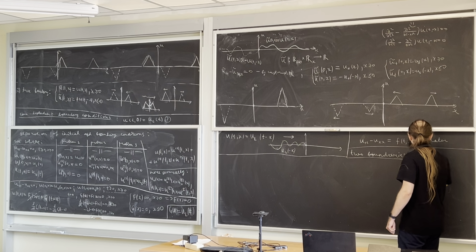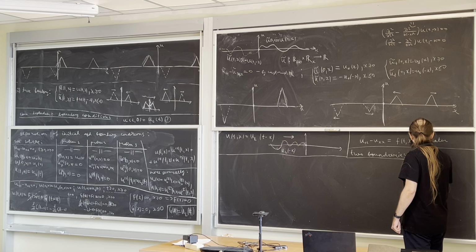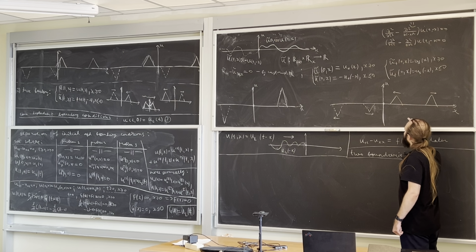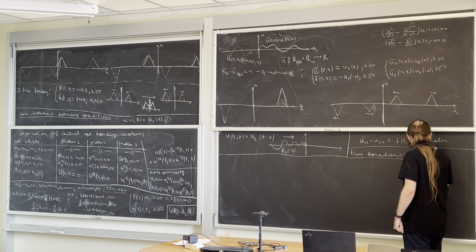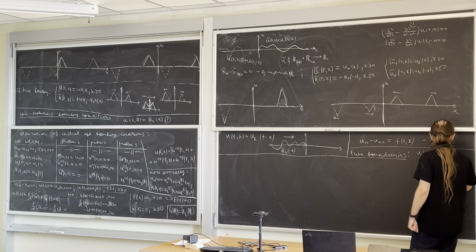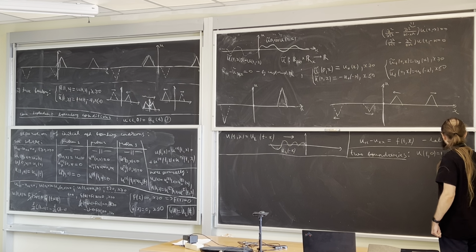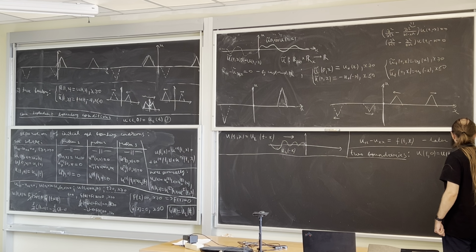Namely, we again can have different boundary conditions, but let us study for simplicity the case where they are zero. So u of t and 0 equals u of t and some L equals 0.